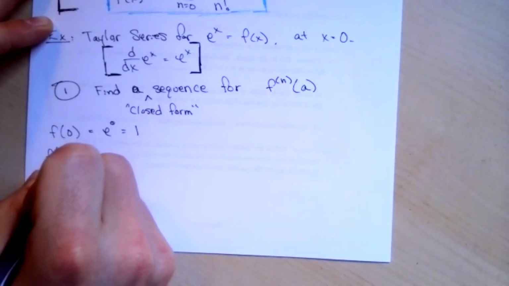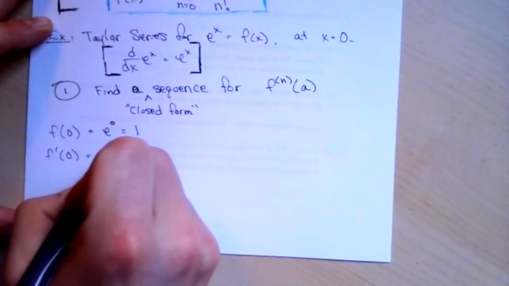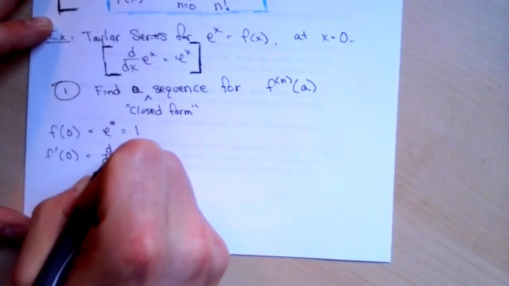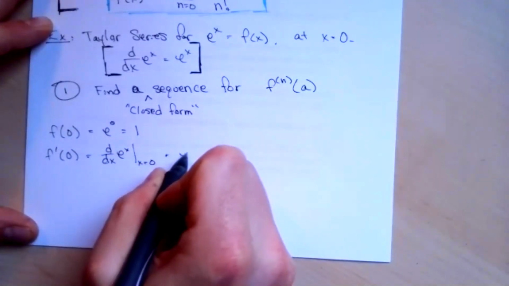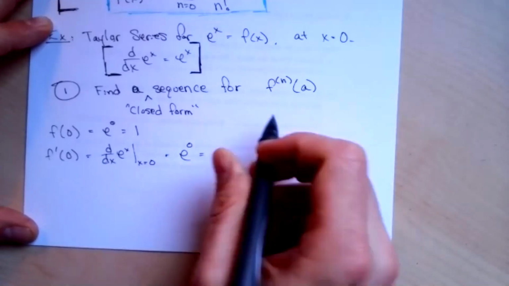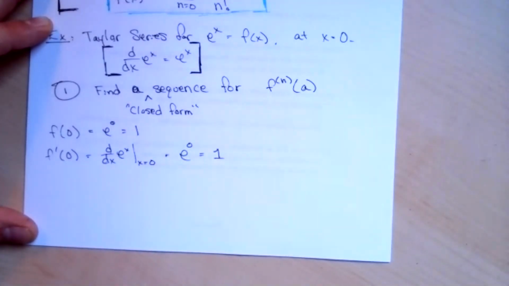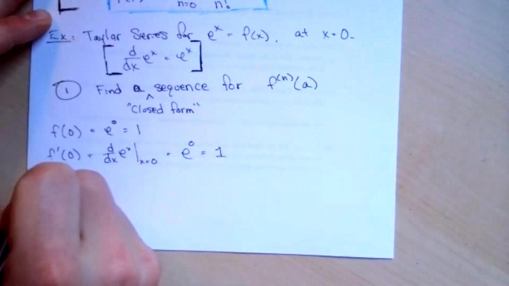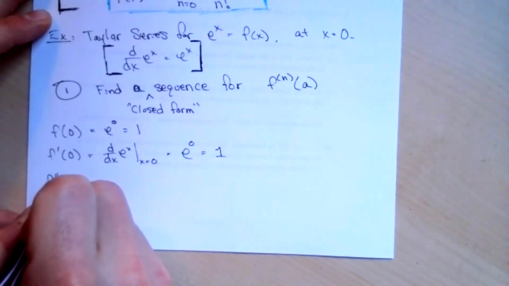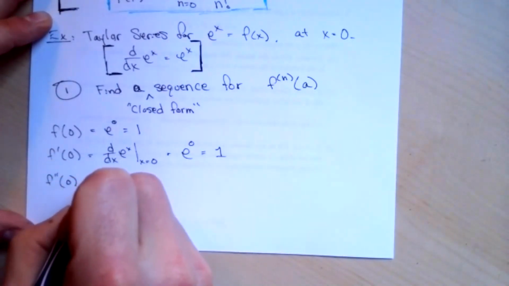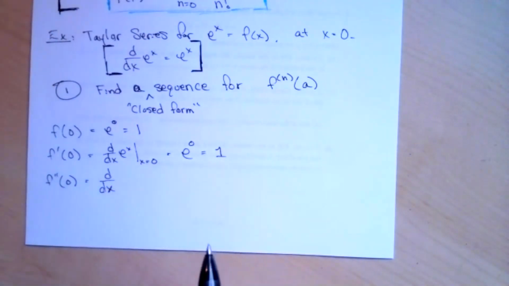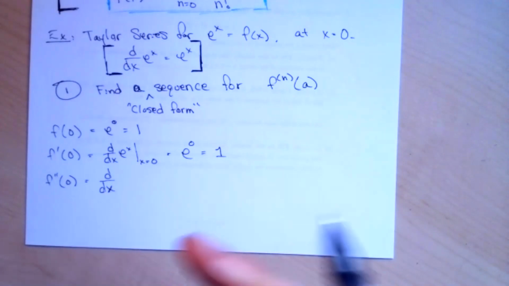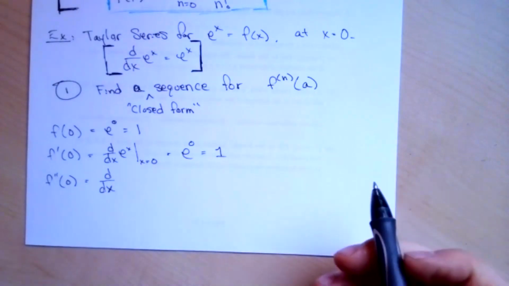f prime of 0 is the derivative evaluated at 0, and that's just 1. If we keep doing this, we'll see, hopefully do an example of a little bit more intricate cases.